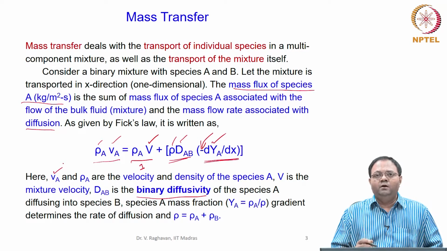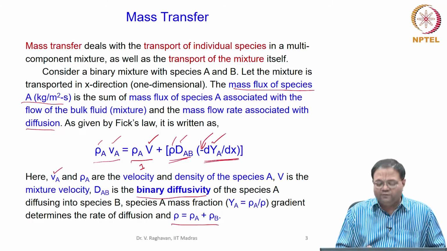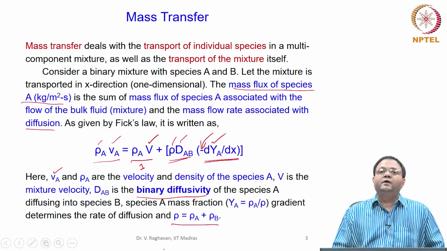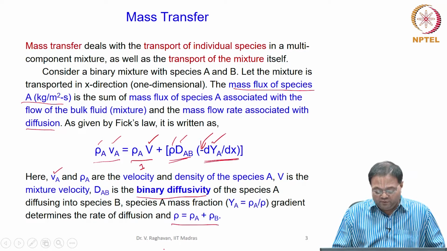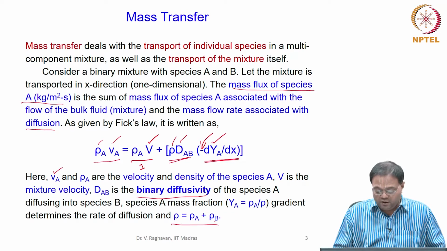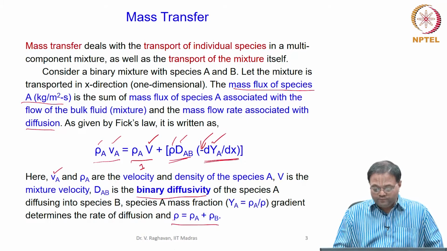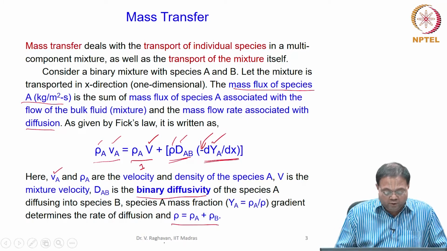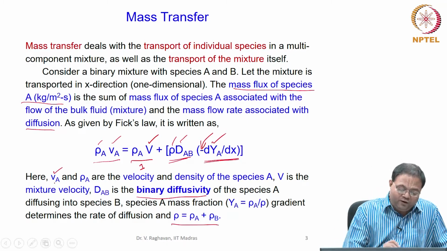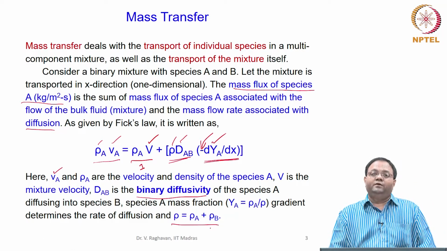So rho A plus rho B will be the total density. The mixture density rho in the binary mixture will be the density of constituent A plus the density of constituent B. But small v A is the velocity of species A.